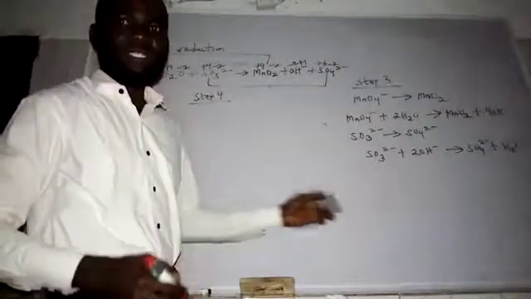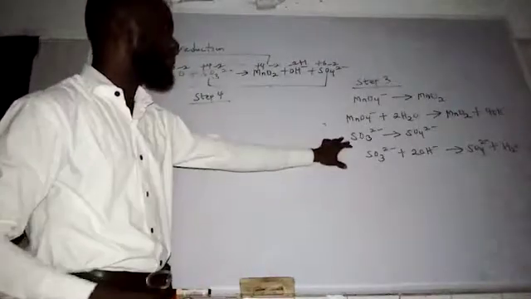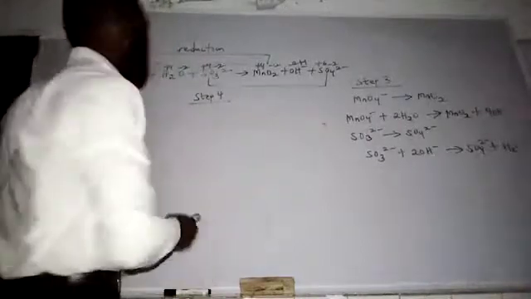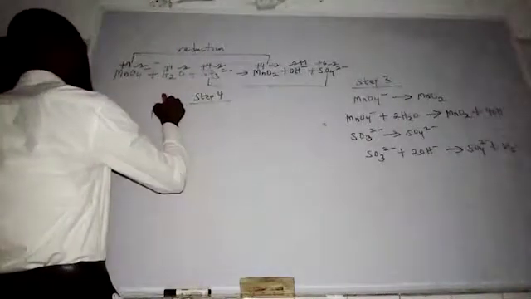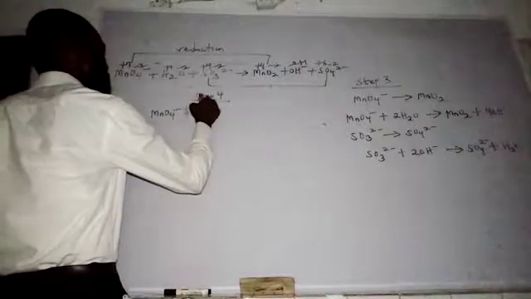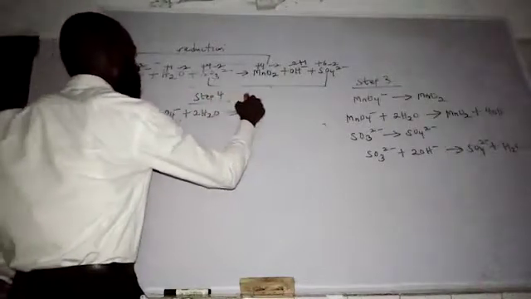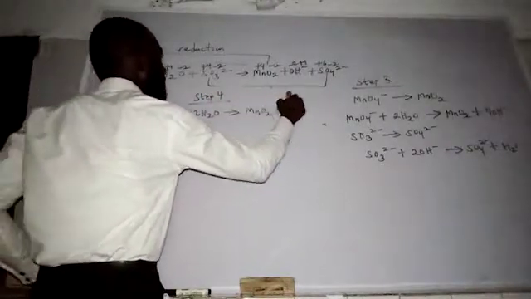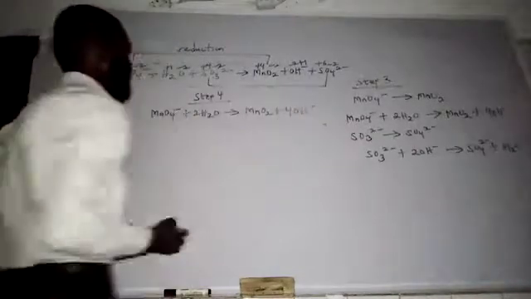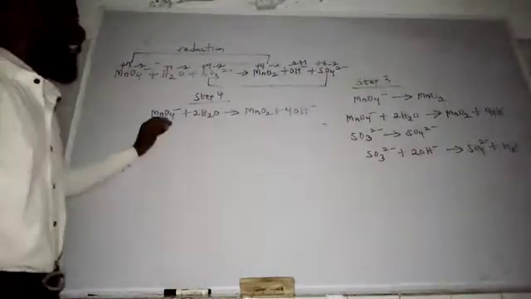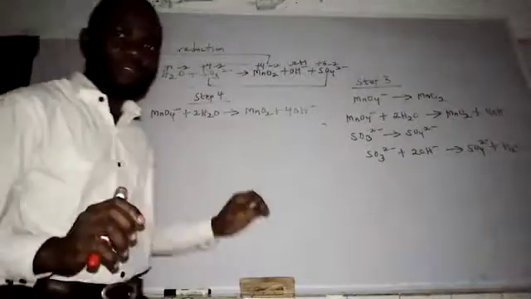So for my step 4, let me start with this first equation. I have MnO4⁻ plus 2H2O going to MnO2 plus 4OH⁻. I want to deal with the charges this time around, not the atoms.